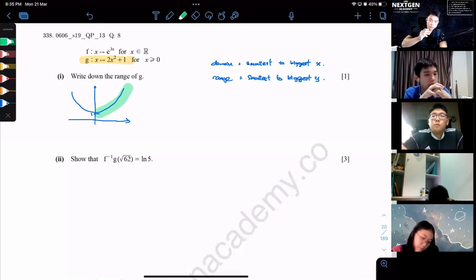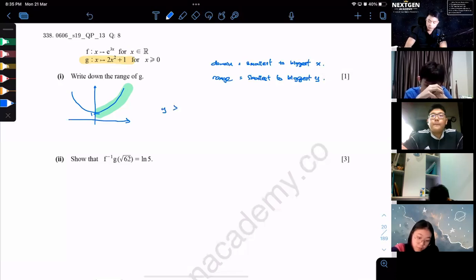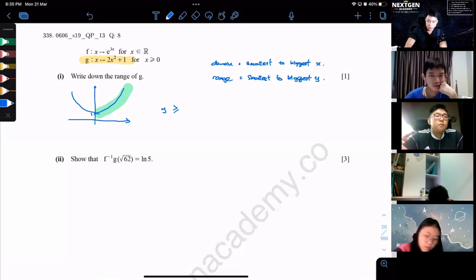So how we express this as a range, our lowest is when my y equals 1. So my range will be y is more than or equals to 1, because we can include 1 also. 1 will be my lowest point.